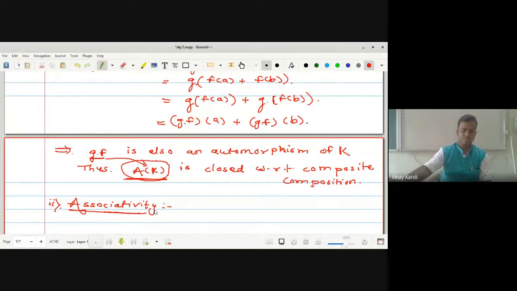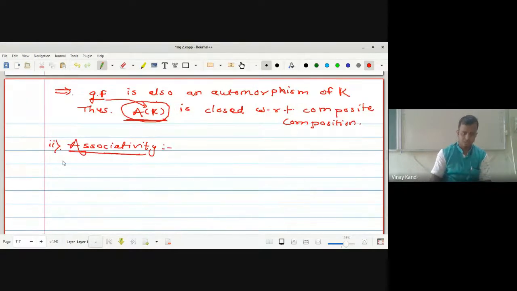Here we know that the composite of arbitrary mappings is associative.